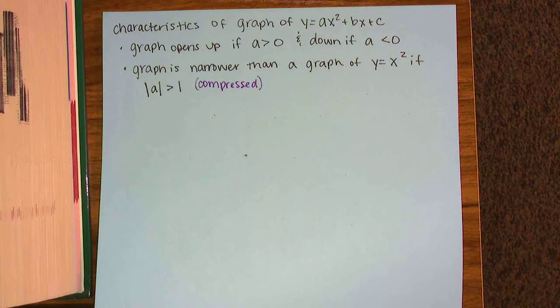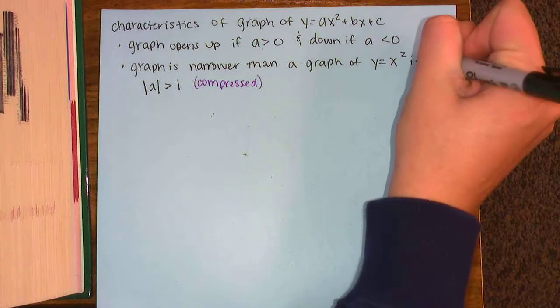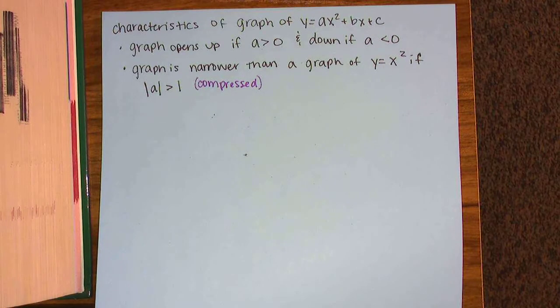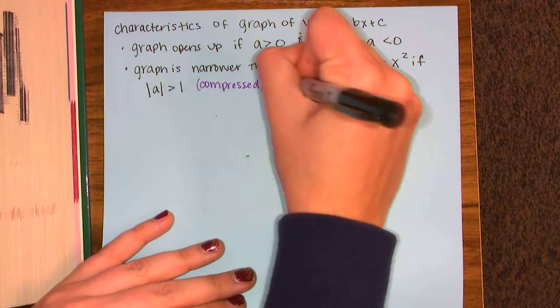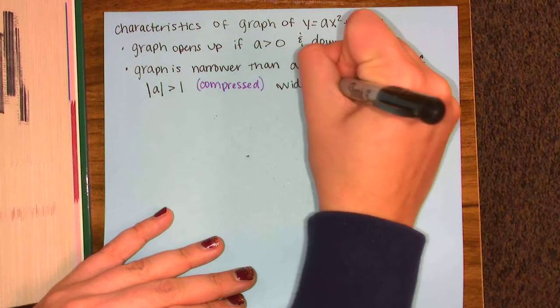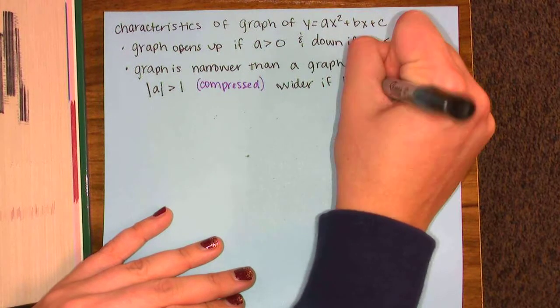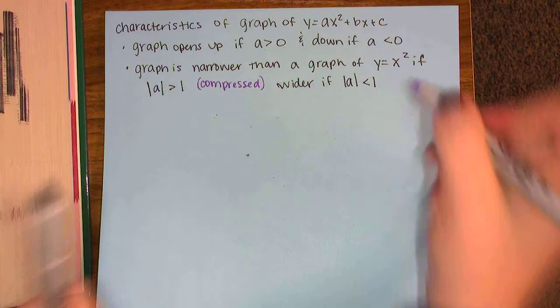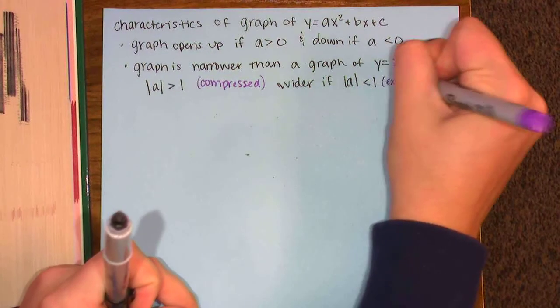We just talked about the transformations, and now we're actually going to be graphing them and finding zeros and stuff like that. And it'll be wider if the absolute value of a is less than 1. It's expanded.